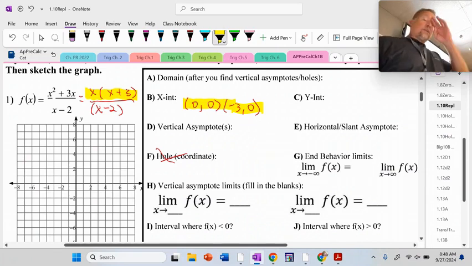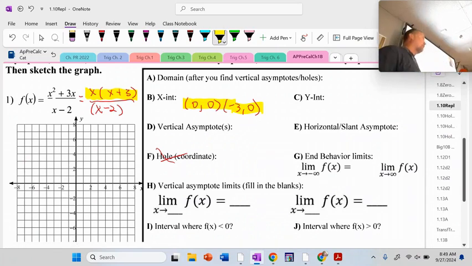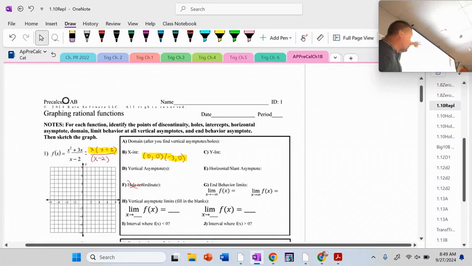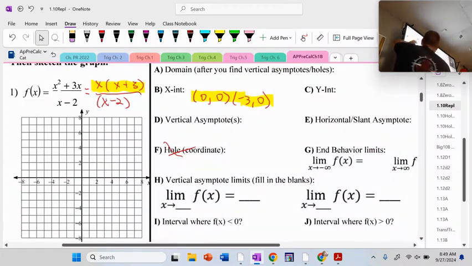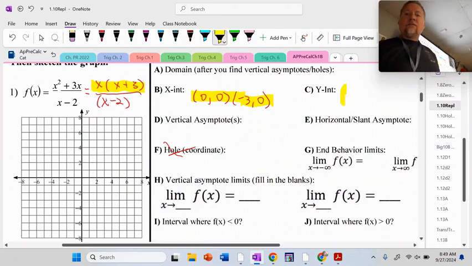And then, hey, what's y-intercept? And then again, I had people working right away, and then they forgot how to find y-intercept after 3 times of doing it. What do I plug in for x for a y-intercept? 0. This is what I do. 0 squared plus 0 over 0 minus 2. So what's 0 over negative 2? I'm actually going to write that there. (0, 0 over negative 2).